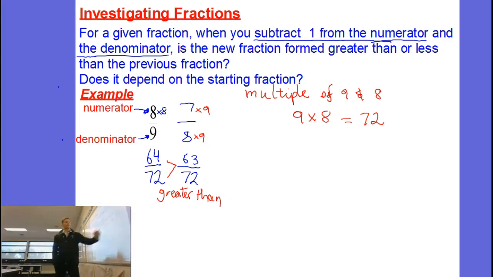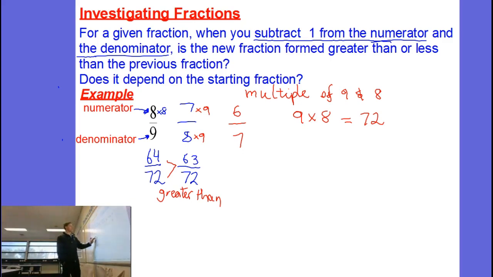So what happens if I repeat the process? Well, if I subtract 1 from the numerator and the denominator of this new fraction I formed, then I'm going to get 6/7. And what would be an equivalent numerator now?